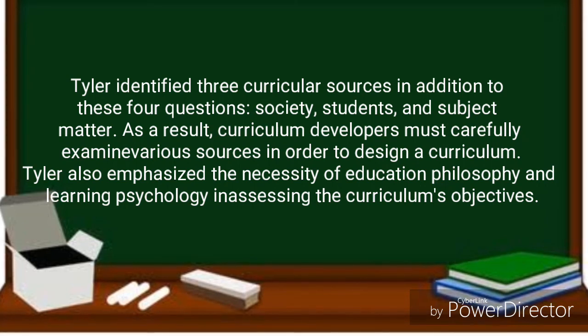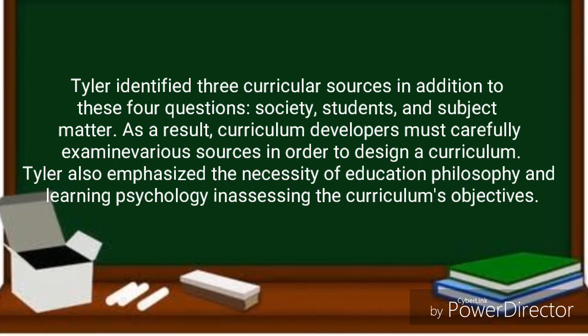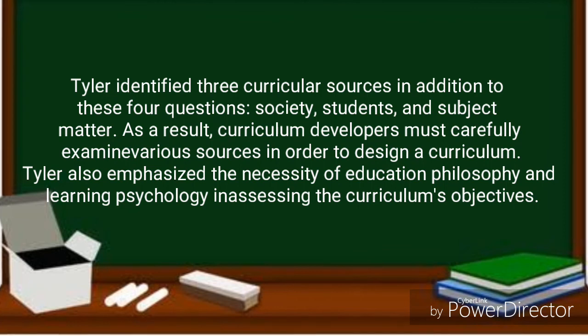As a result, curriculum developers must carefully examine various sources in order to design a curriculum. Tyler also emphasized the necessity of educational philosophy and learning psychology in assessing the curriculum's objectives.